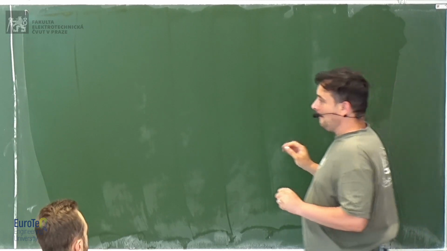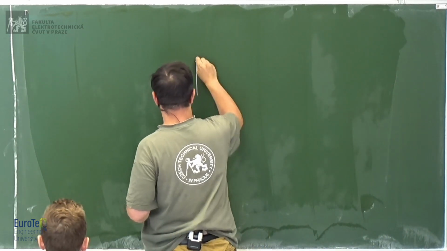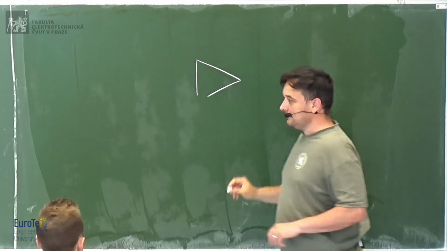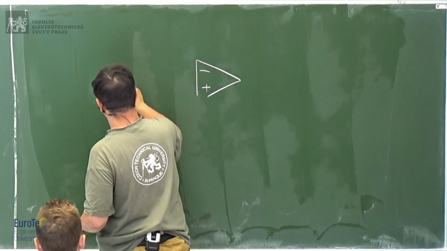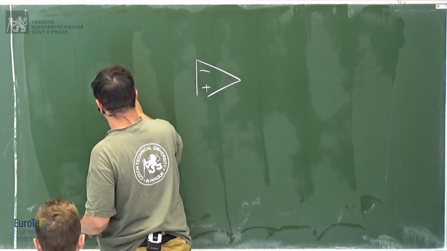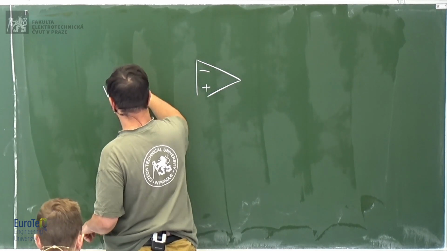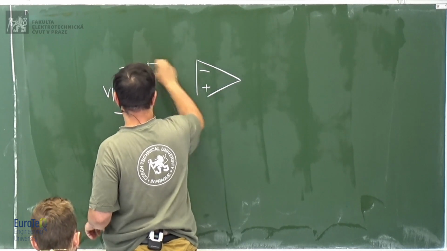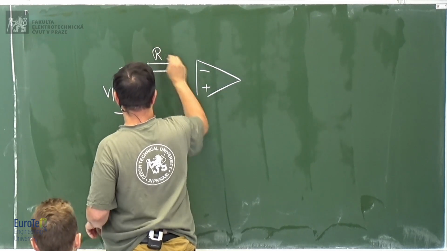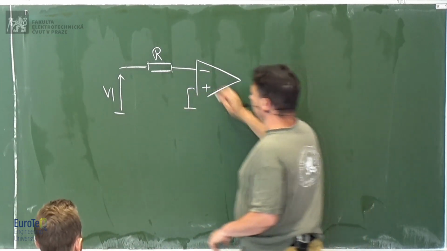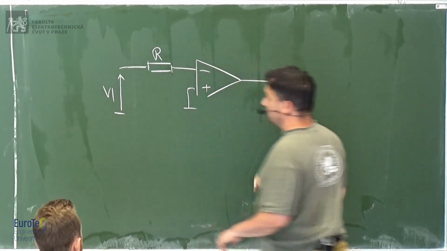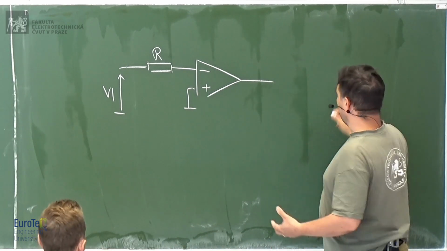Okay. So let's say that we have an operational amplifier. Again, I have an input voltage, let's call it V1. And I have a resistor here, again I put it to ground. And then I have here a diode rectifier.